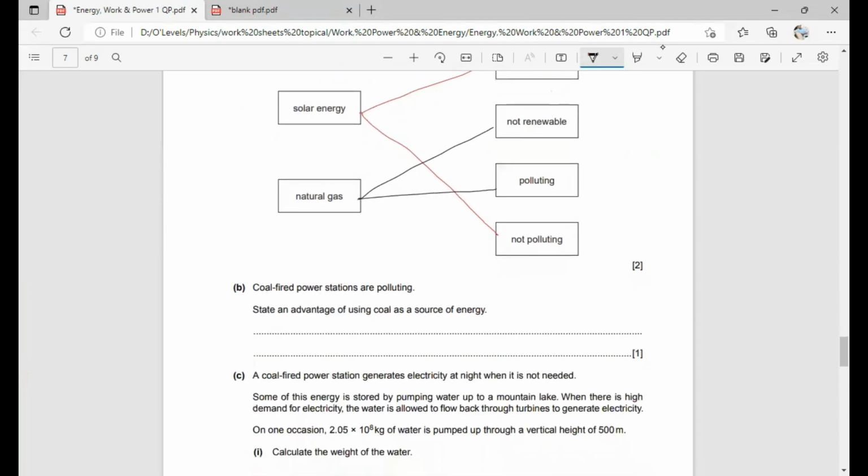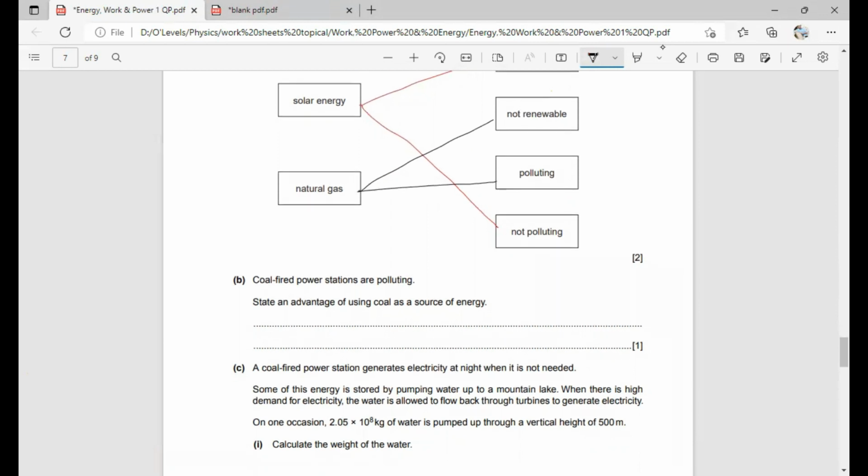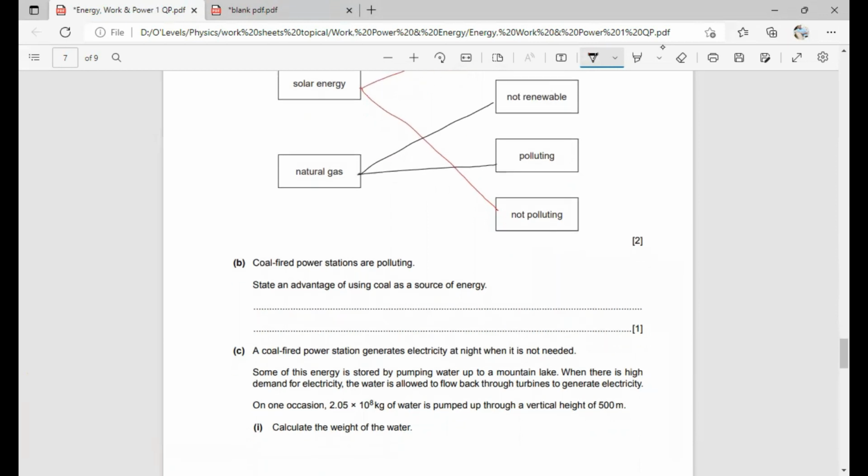Now, coal-fired power stations: state one advantage of using coal as a source of energy. Number one, widely available. Less expensive? But now we cannot say that coal is less expensive because coal is very expensive nowadays.